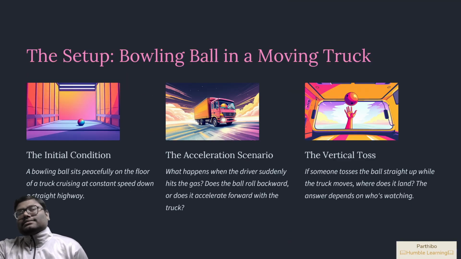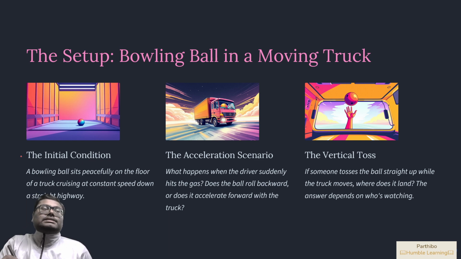So, let us begin the setup: a bowling ball in a moving truck. There are three conditions. One is the initial condition: a bowling ball sits peacefully on the floor of a truck cruising at constant speed. Instead of constant speed, we should say constant velocity, down a straight highway.